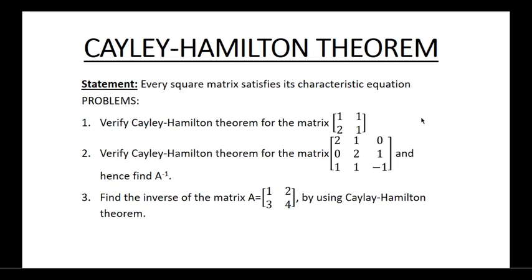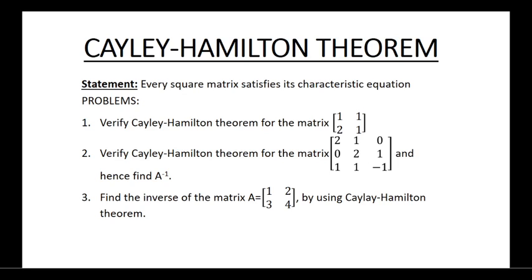Taking that, we get the polynomial in terms of lambda: lambda square minus 2 lambda minus 1 is equal to 0. Now to verify whether the Cayley-Hamilton theorem is satisfied or not, in the place of lambda we take the matrix A. So we prove that A square minus 2A minus 1 times the identity matrix I is equal to 0.